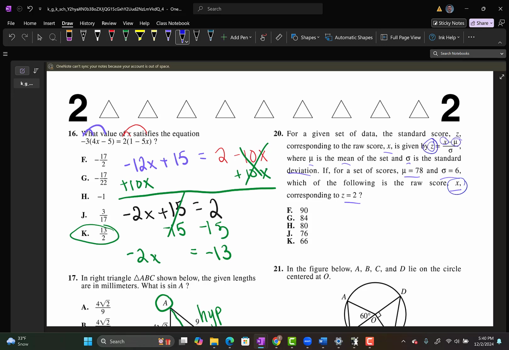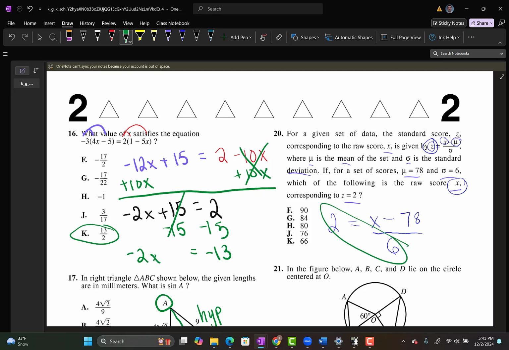So z, let's start with that, is 2. X is what we are trying to find, minus, that symbol's also actually called mu, but we'll just call it U. U is 78 divided by the standard deviation in this problem, which is 6.